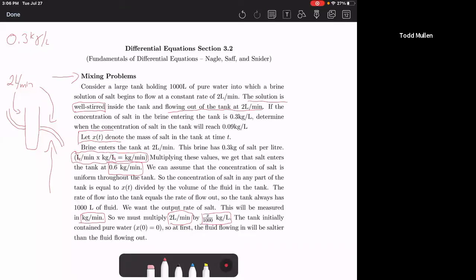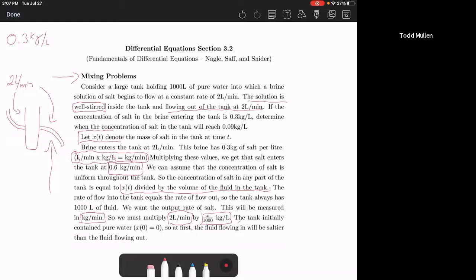So the concentration of salt in any part of the tank, which is x of t divided by the volume, so divided by 1,000. So we're going to multiply 2 liters per minute by x over 1,000 kilograms per liter. Once again, the liters in the numerator and denominator cancel out, so we do get kilograms per minute.